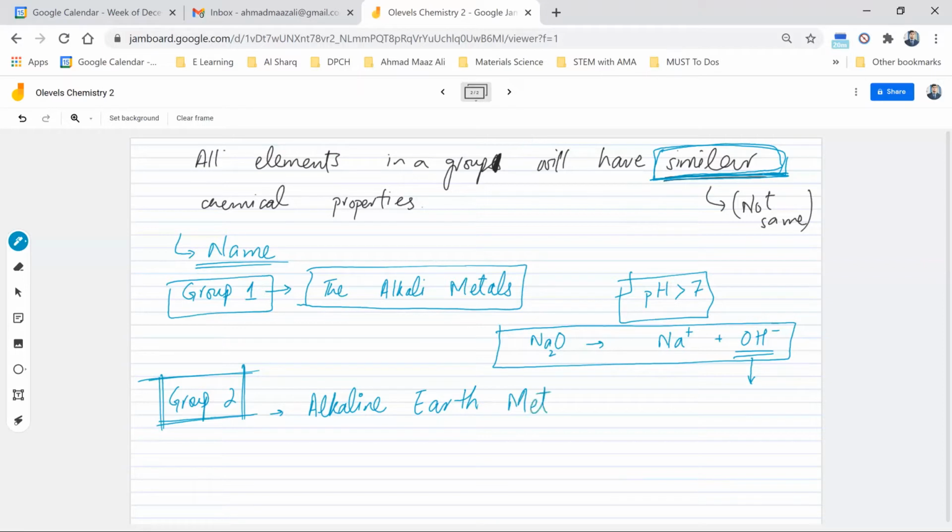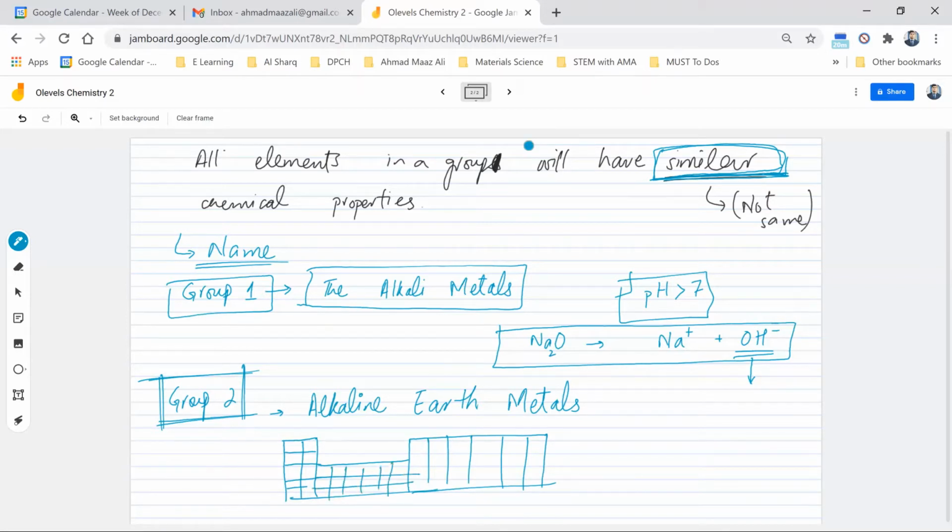And the periodic table, you have seen it like something like this. It follows this curve. There are groups 1, 2, 3, 4, 5, 6, 7, and 8. And then there is this block in the center.